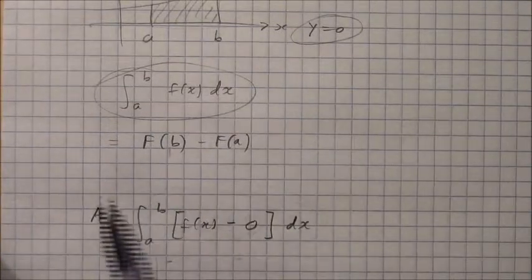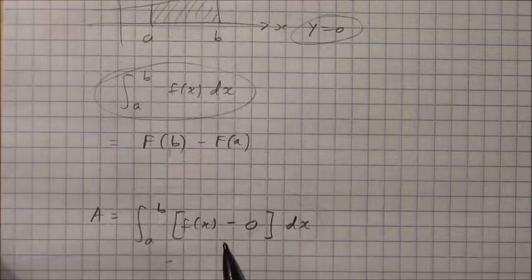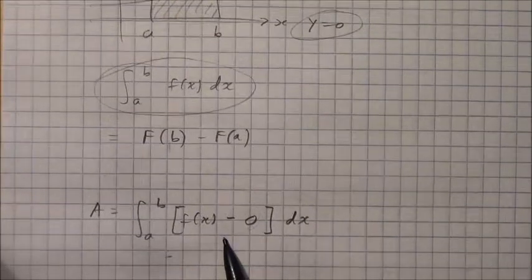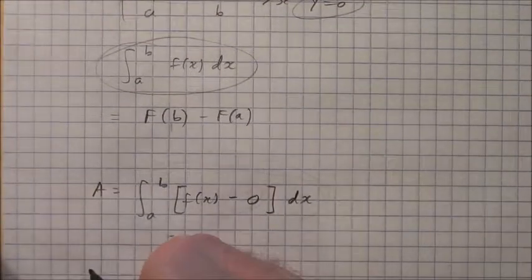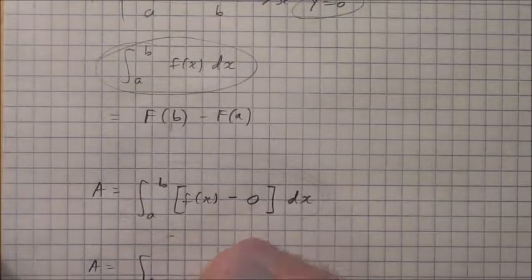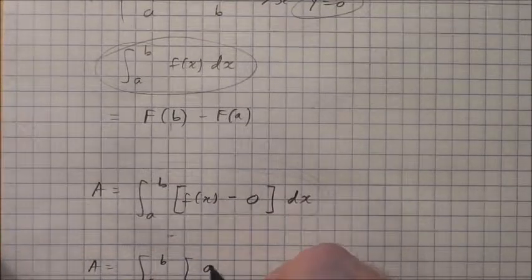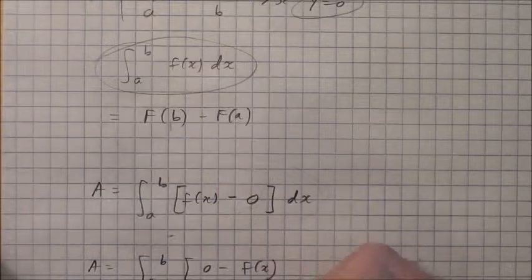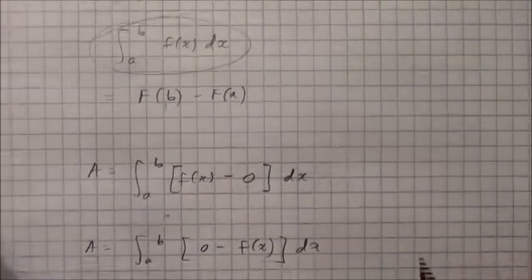So this is actually how we've been calculating the area under the curve when f of x is above the x-axis. And if the function is below the x-axis, we've been doing this without actually writing it all out.